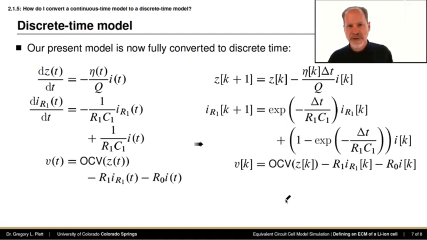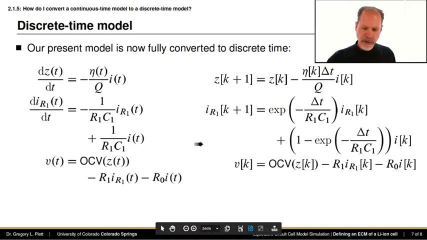So in the previous slide, you saw how we converted the state of charge equation. The slide before that, you saw how we converted the resistor currents equation. And then all of those combined together into the voltage equation that you see right there.